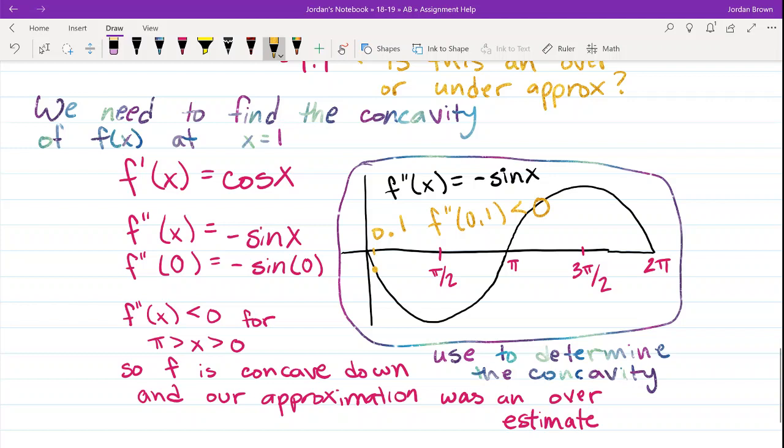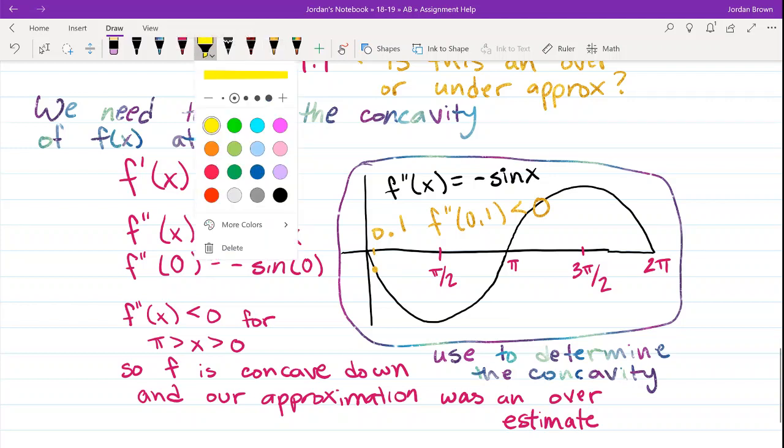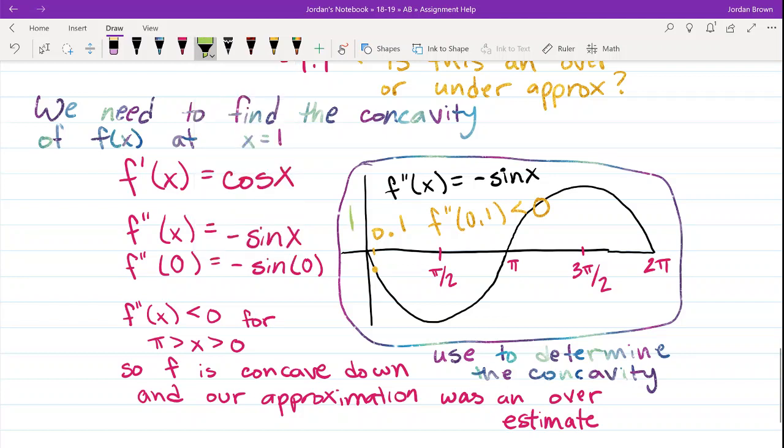It's not concave up, it's down. It's concave up when we get a second derivative that is above the x-axis, which is when it is positive. Okay? This is positive and negative.